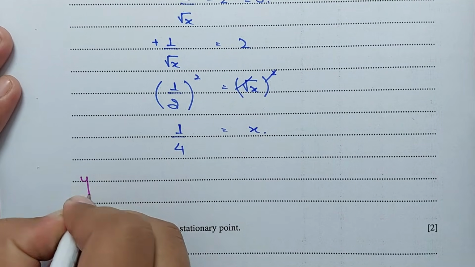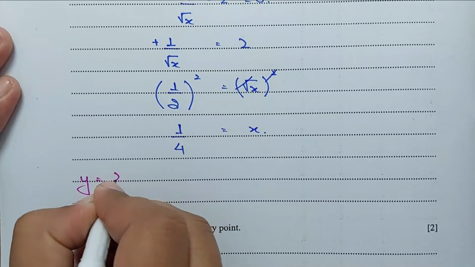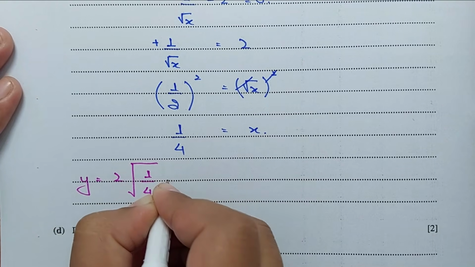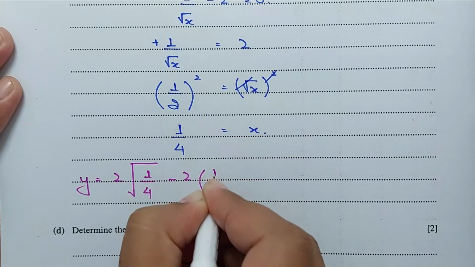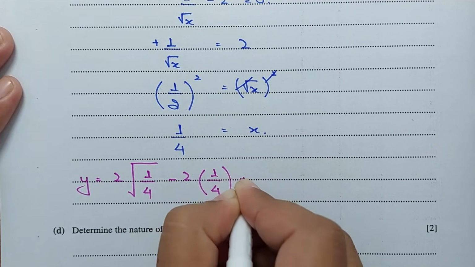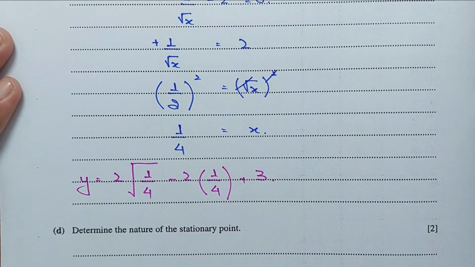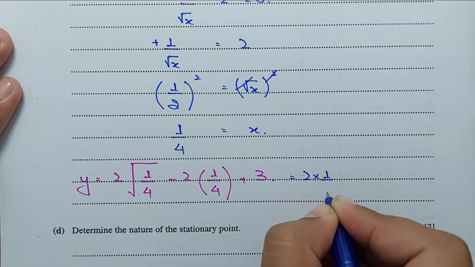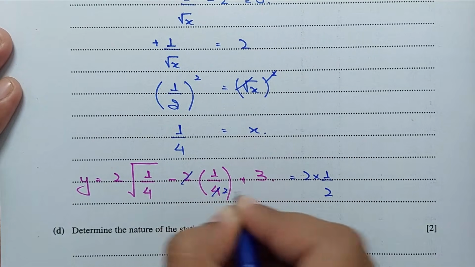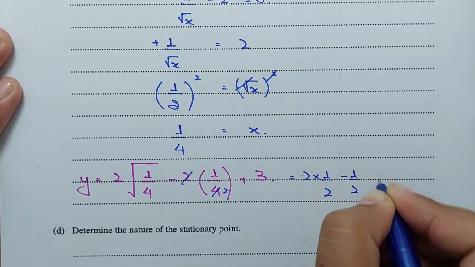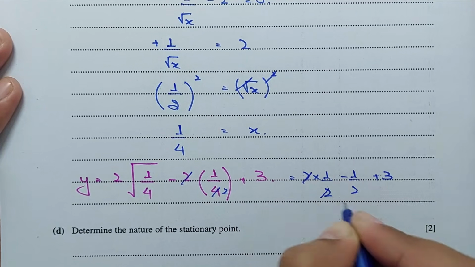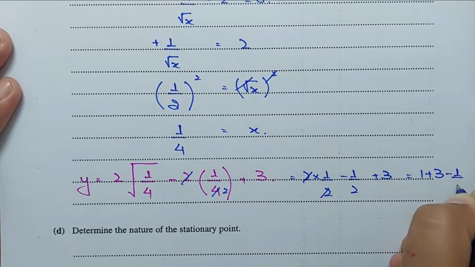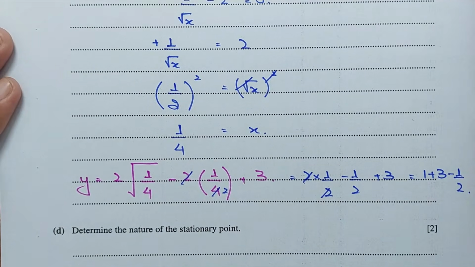So now the y coordinate: the curve is 2 root x minus 2 into x plus 3. Here you will get 2 into 1 over 2 minus 1 by 2 plus 3. The 2 and 2 cancel, and 1 plus 3 minus 1 by 2. 1 plus 3 is 4, right?